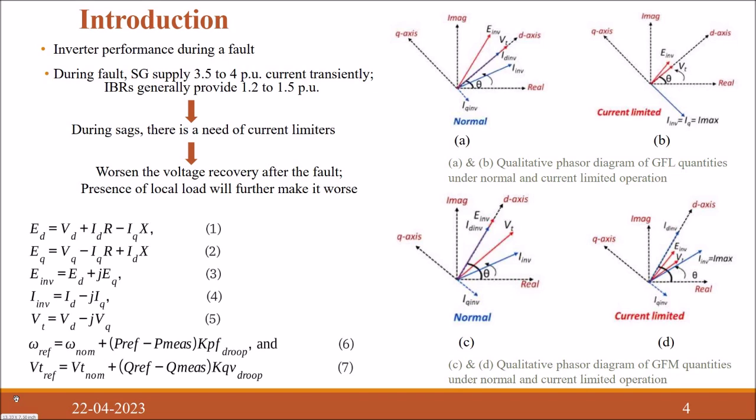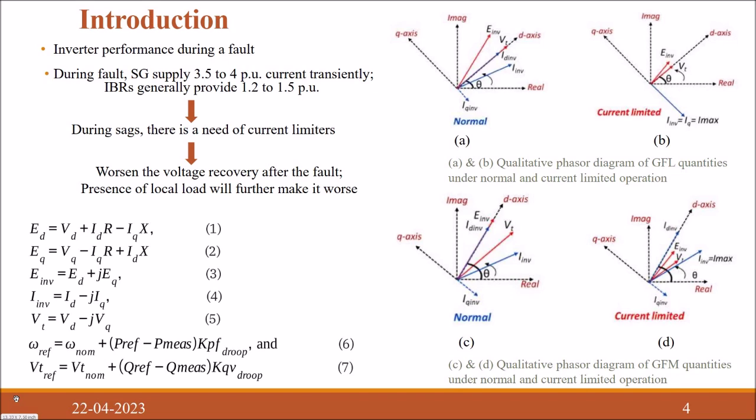And during the fault, in case of a grid forming inverter, there will be a fixed amount of ID and IQ which the inverter can possibly give as its maximum value.